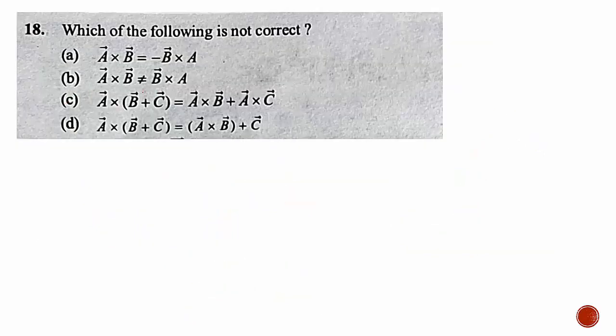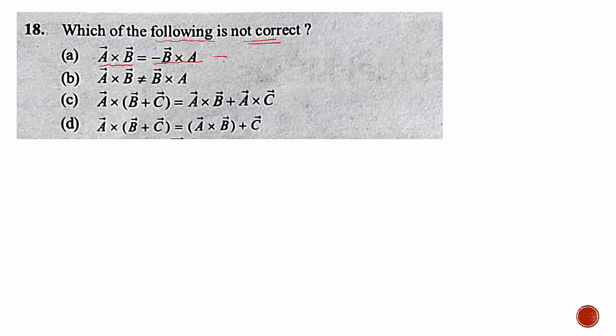18th question. Which of the following is not correct? Observe all the options here. All are related to the cross product. Vector A cross vector B equals minus of vector B cross A. So the cross product is non-commutative.